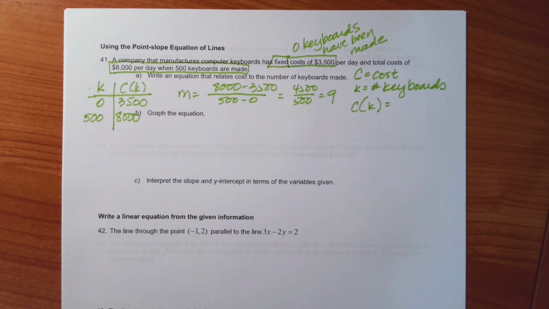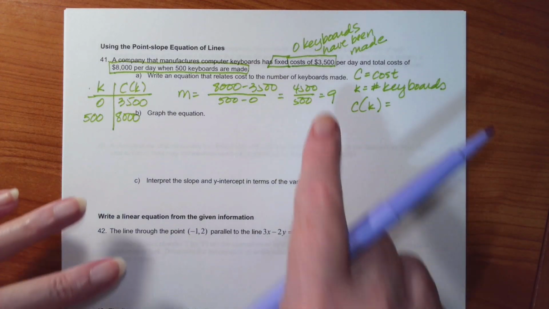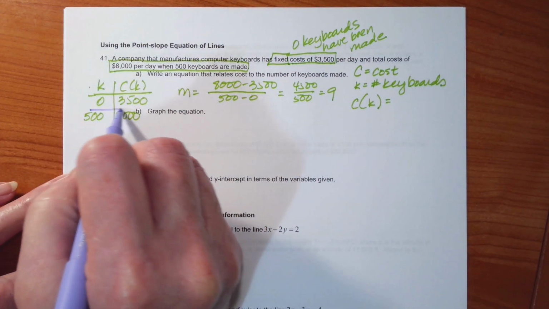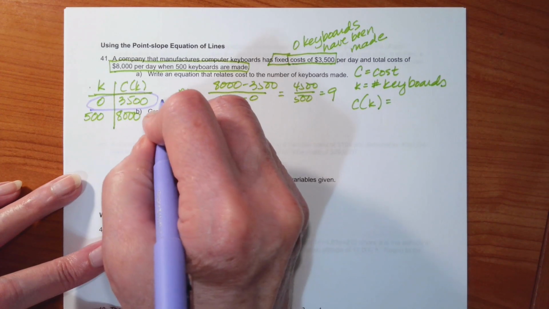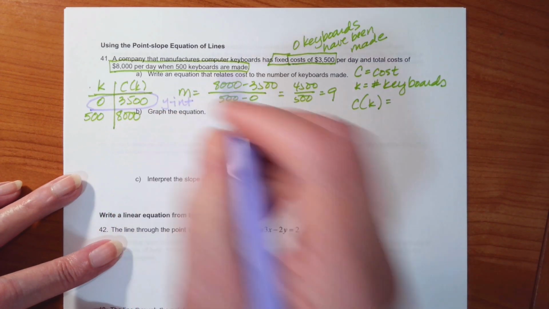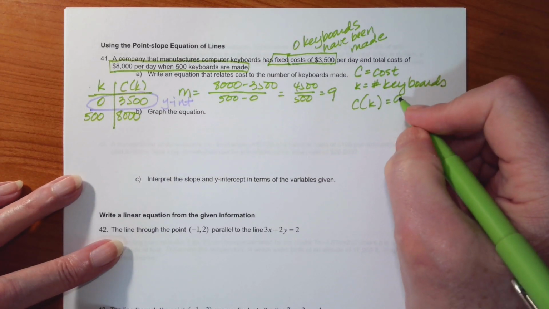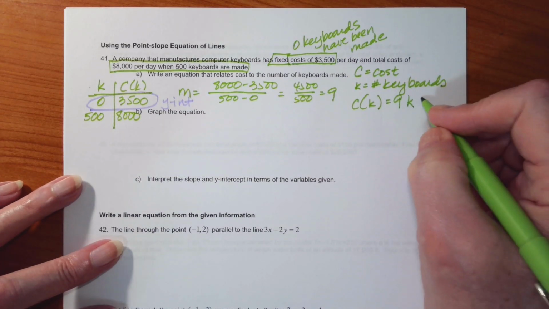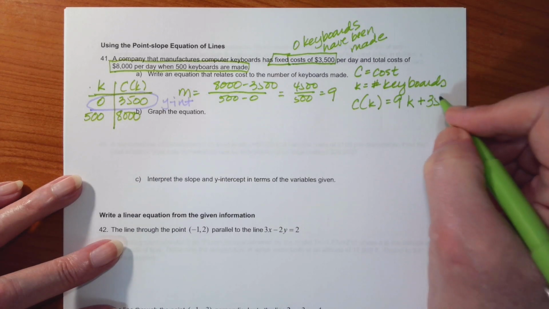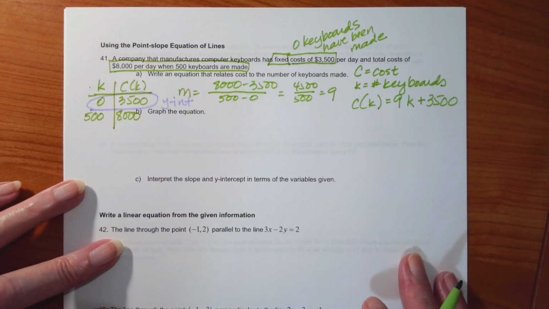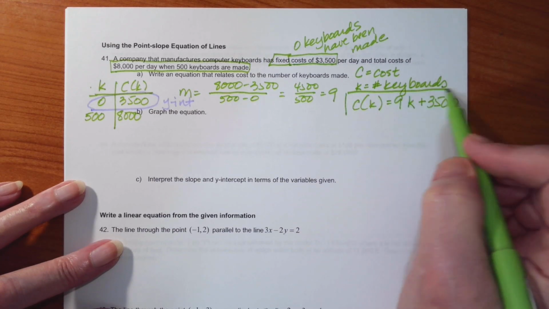And then every keyboard you make costs you $9 in addition to that. Okay, so I have my slope now, and this is my y-intercept. So my function C of k is equal to $9 for each keyboard plus my initial cost of $3,500. So that's my equation.